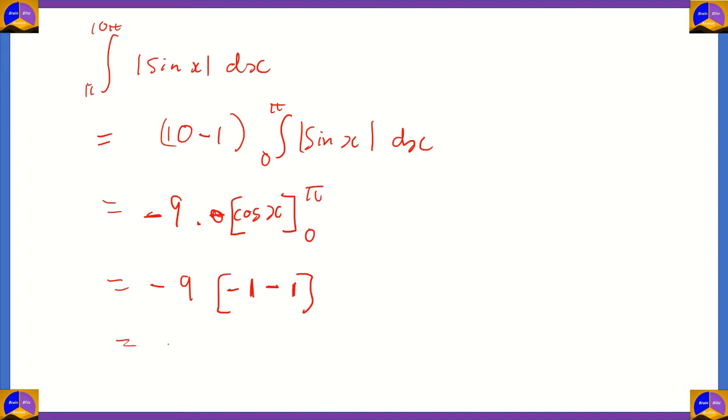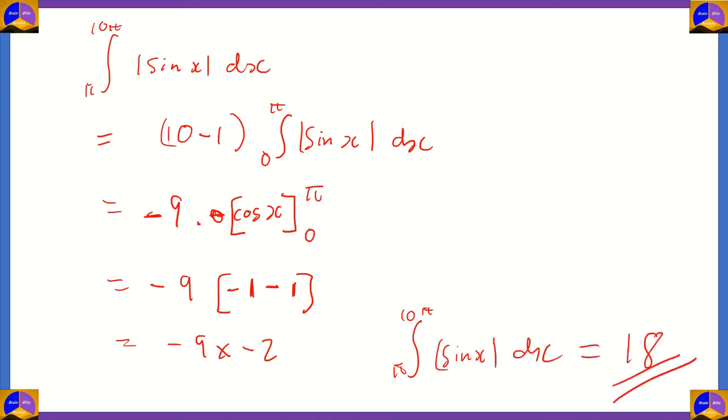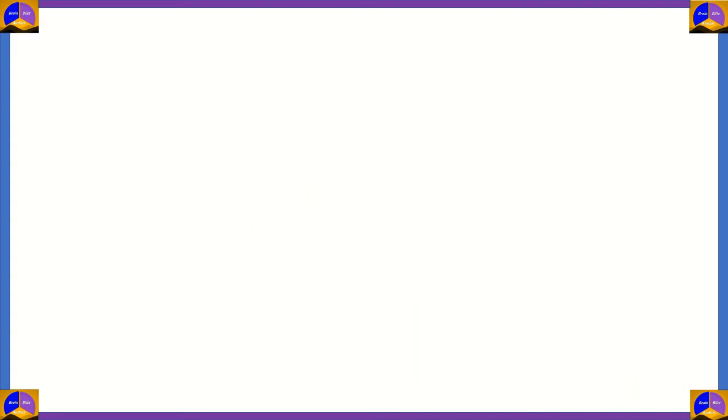So minus 1 minus 1 gives you minus 2, so minus 9 times minus 2. So the value of the integral from pi to 10 pi of mod sine x dx is equal to 18. Whatever units it is, the value of that integration is 18.